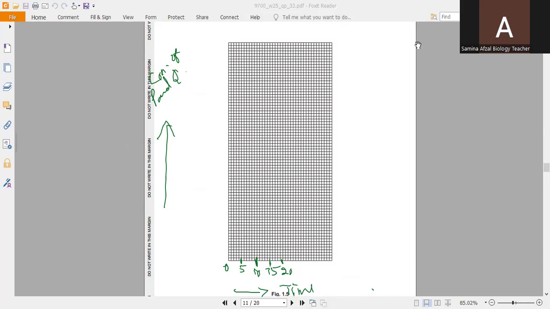On the other side, we are going to use the values starting from 75 and ending at 400.